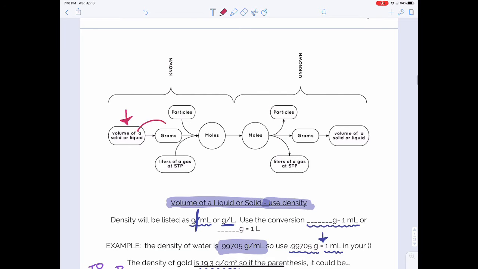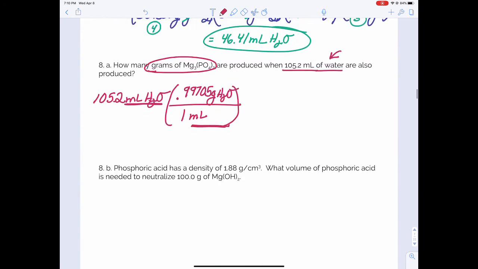So I'm going to make one parenthesis to convert to grams of water, one parenthesis to convert to moles of water, one parenthesis to convert to moles of magnesium phosphate, and another parenthesis to convert to grams of magnesium phosphate. So 4 parentheses total. So the first thing I'm starting with, I already converted from milliliters of water to grams of water. Now it just becomes just like the problems we did a few days ago.